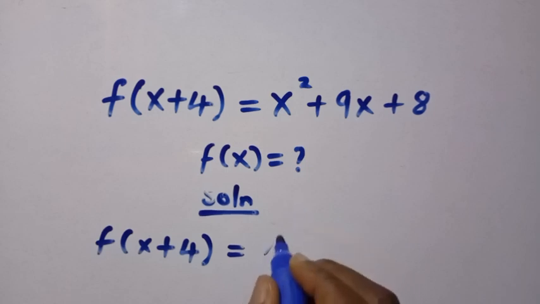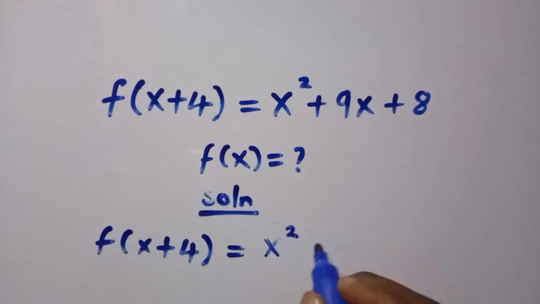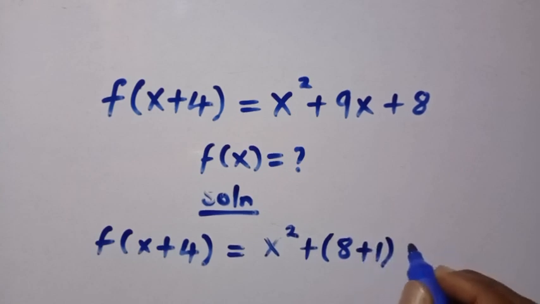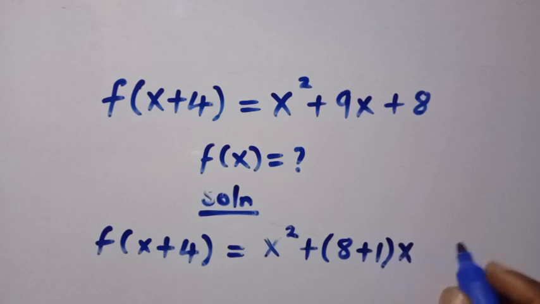Here we have x squared, then 9, we can just write 9 as 8 plus 1. So 8 plus 1 gives us 9, and 8 multiplied by 1 gives us 8. Then we put x in the bracket plus 8.